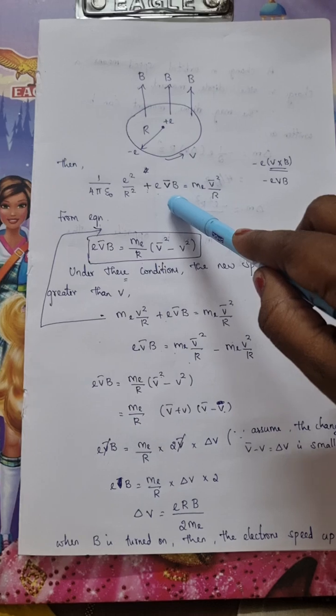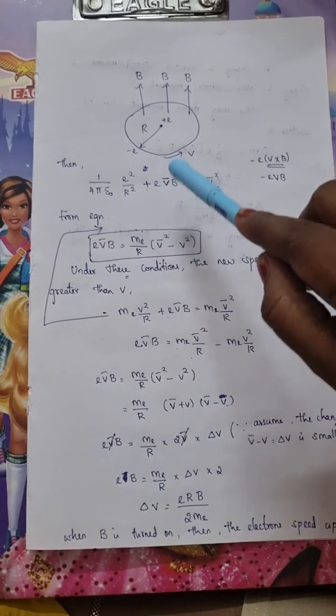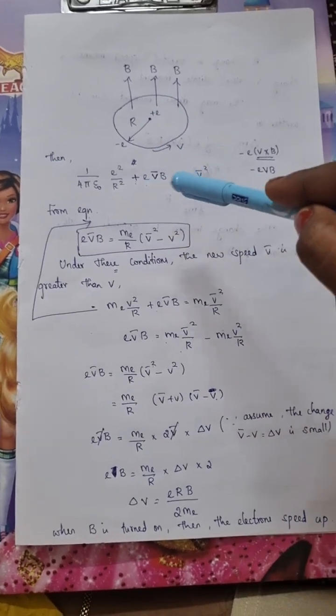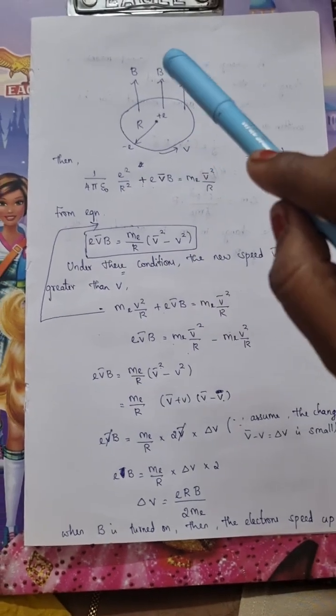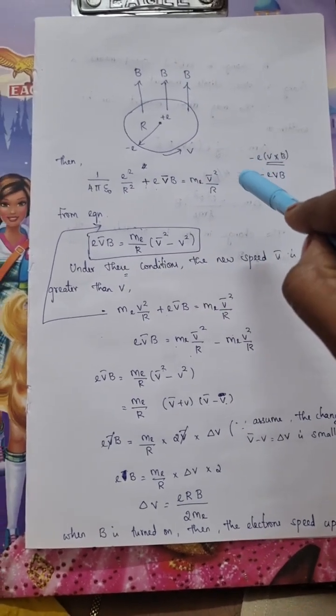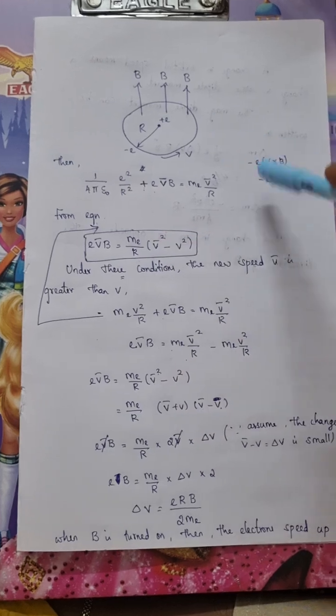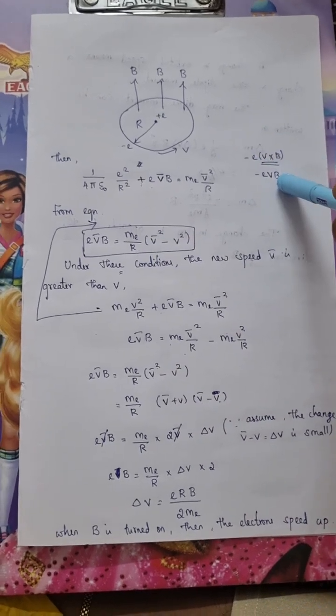Here we write e v bar B because the magnetic force is perpendicular to the velocity. So the velocity changes in direction but the magnitude is not changed. So the result is uniform circular motion, and V cross B becomes V B.